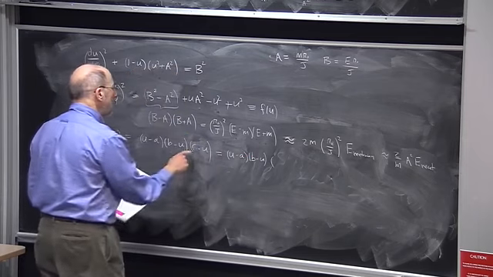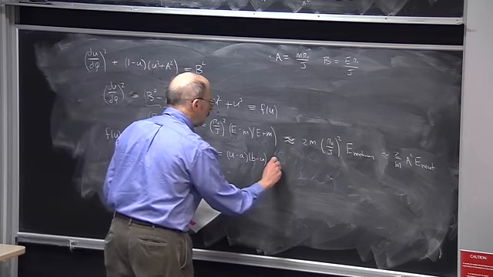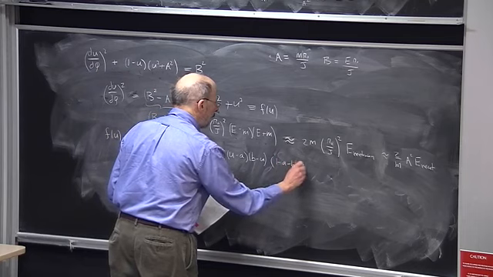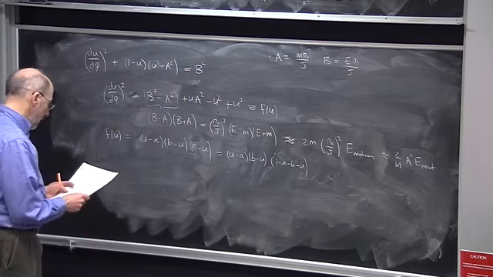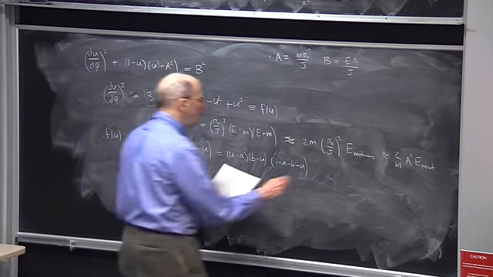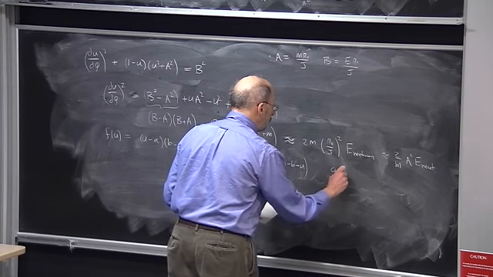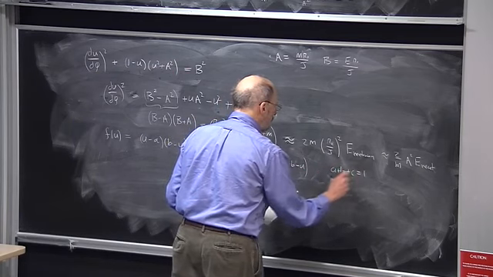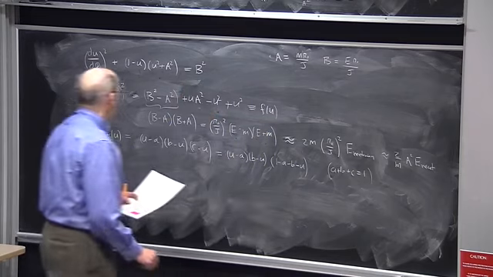Now I claim that c is 1 minus a minus b. Okay, how do we prove that? That's because the sum of the three roots must equal 1. And how do we see that?